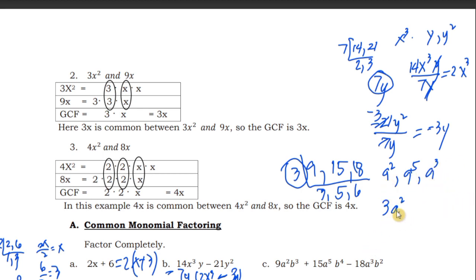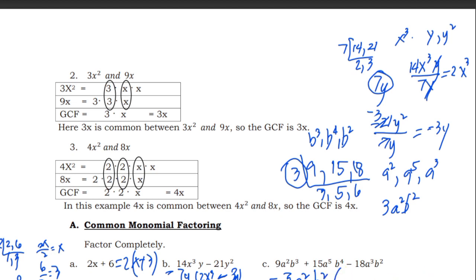For the b part, we have b cubed, b to the fourth, b squared. So the lower value is b squared. So now we have the common monomial factor, which is 3a squared b squared.